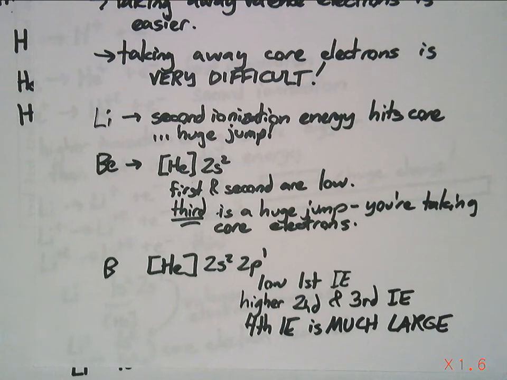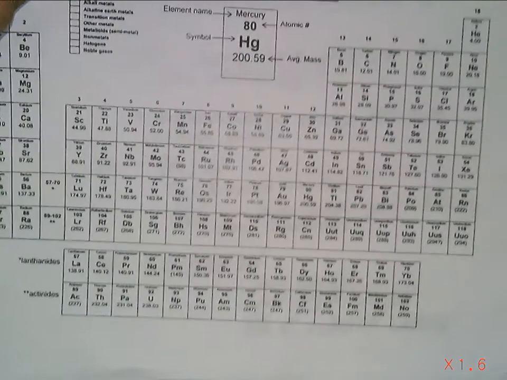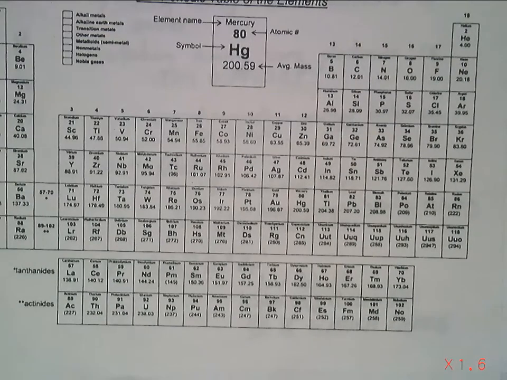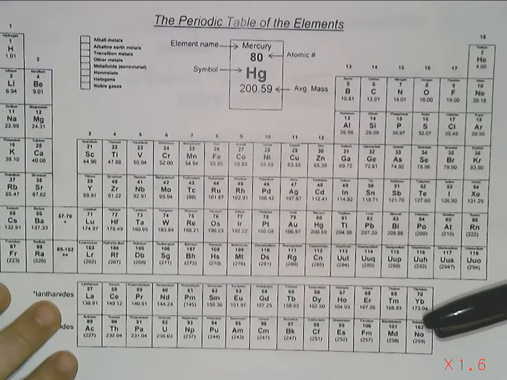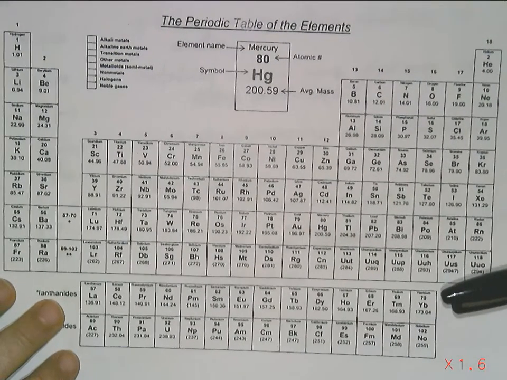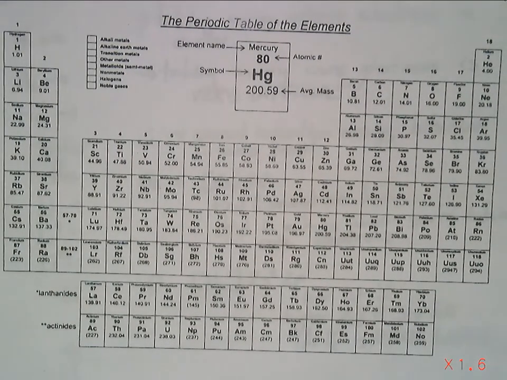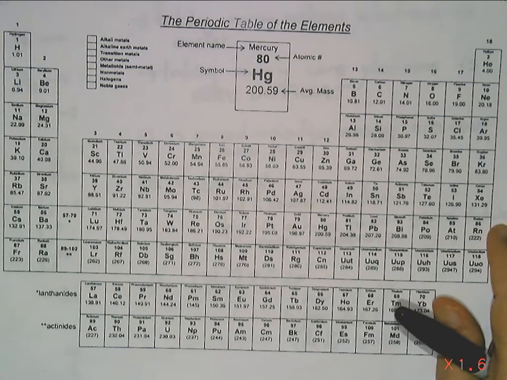For example, if you saw an atom that had a huge fifth ionization energy compared to the first four, that would mean when you take 5 electrons out, you're dipping into the core. So it would have to be an atom where you have 5 more electrons on top of a core.